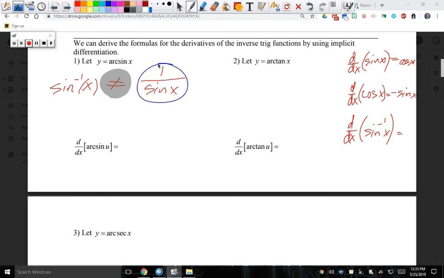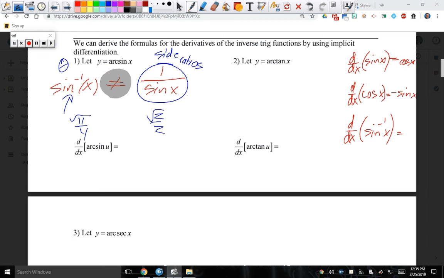And cosecant is still a side ratio. This is not a side ratio. It's going back from side ratios to what? The angle it came from. So these are side ratios, whereas this is the angle that it came from. Otherwise, these are like the root 2 over 2's, and these are like the pi over 4's, and so on and so forth.